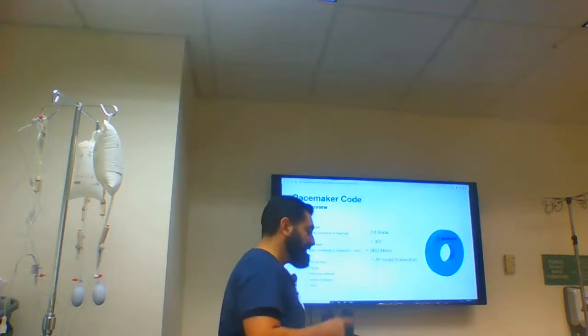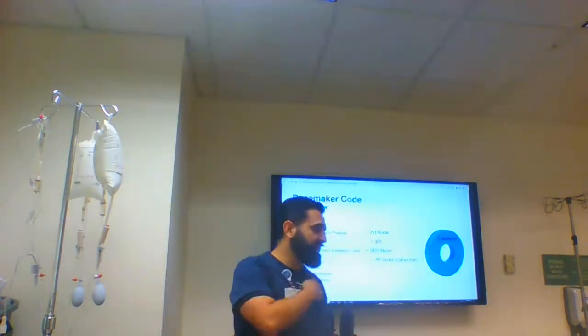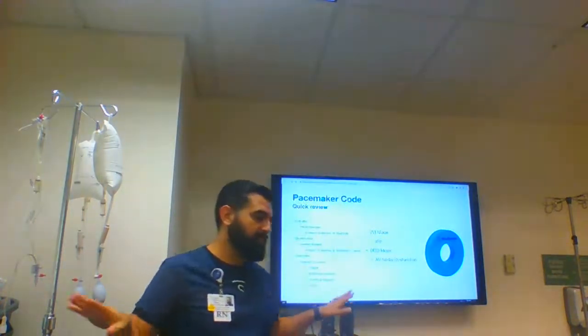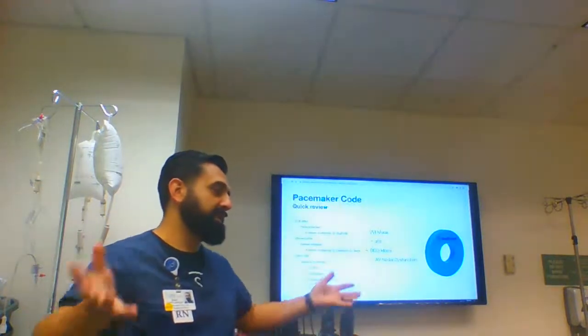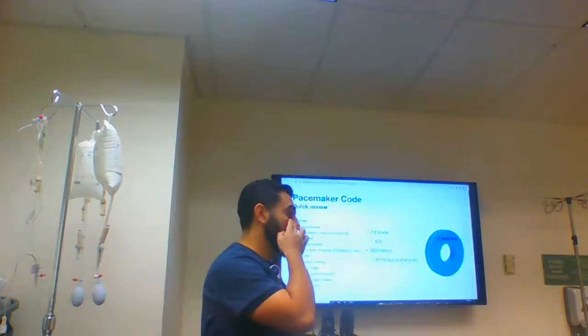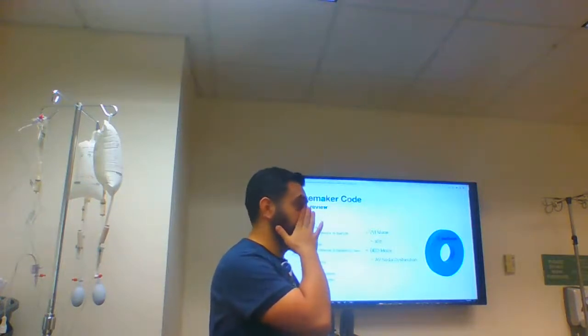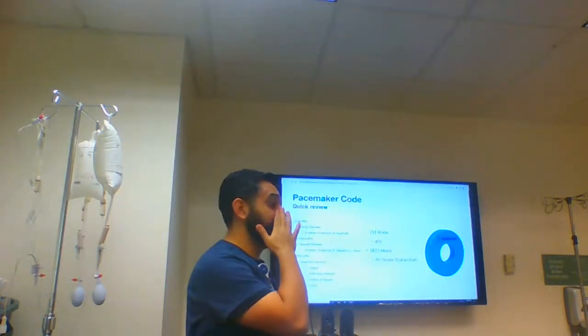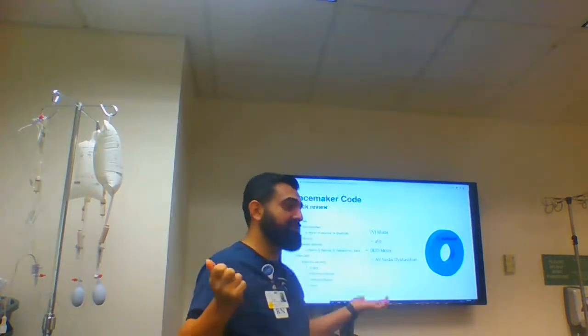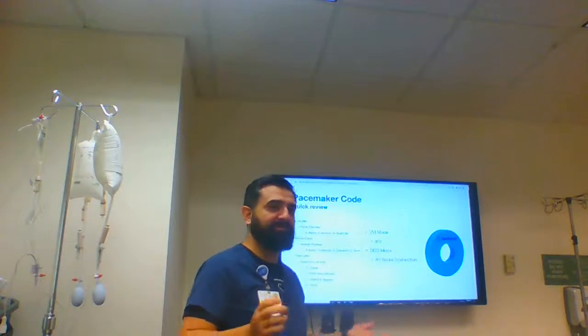Now, if it's an AICD and you put the magnet over it, it will no longer correct an arrhythmia. It will no longer do what an AICD does. So in that sense, it will turn off an AICD from the function that it does, because AICDs only function with lethal arrhythmias and stuff like that.